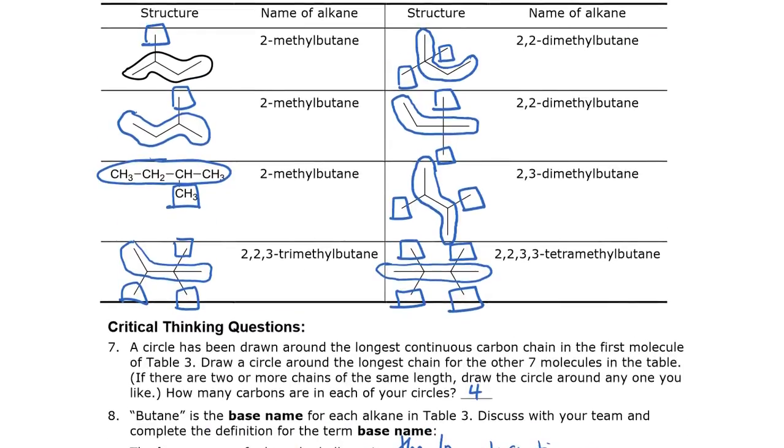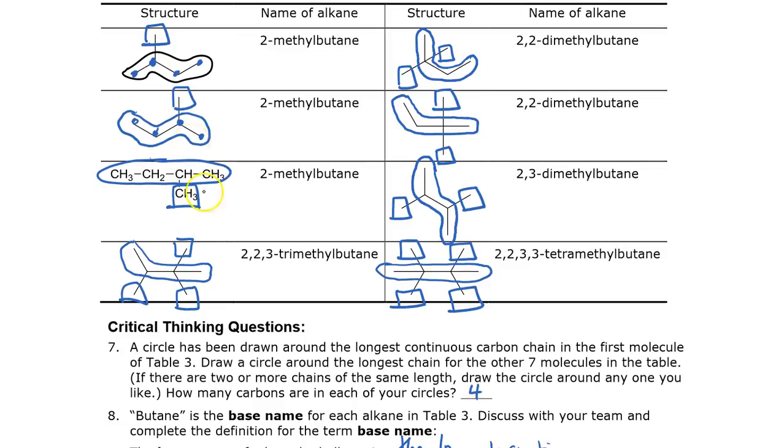So do you see it? If I start from this end, then that methyl group is attached to this one, which is the second carbon. Carbon 1, 2, 3, and 4. If I do it on this one, and I say it's attached to the third one, fourth, but if I count from the other end, 1, 2, 3, 4, the methyl is attached to number 2.